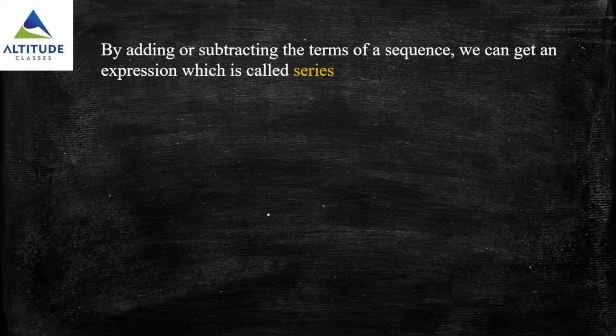Let's try to understand what is series. Series is an expression formed by adding or subtracting the terms of a sequence. We have learned what is meant by a sequence. So in between the terms of the sequence, if you put plus or minus, whatever expression we are getting, such type of expression is called a series.